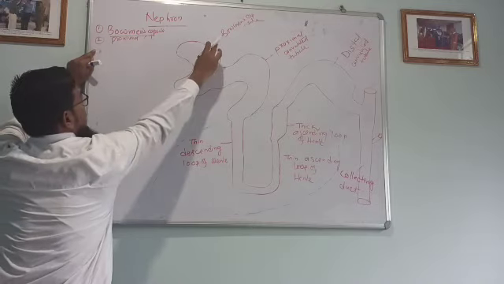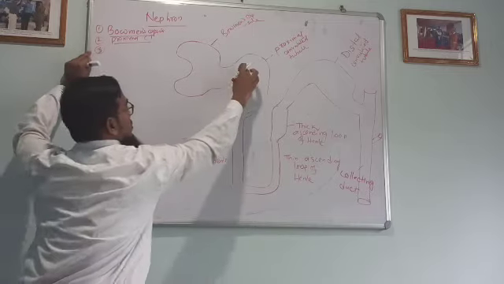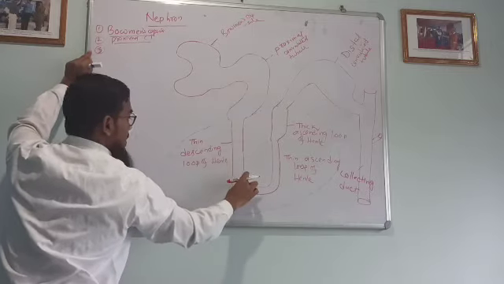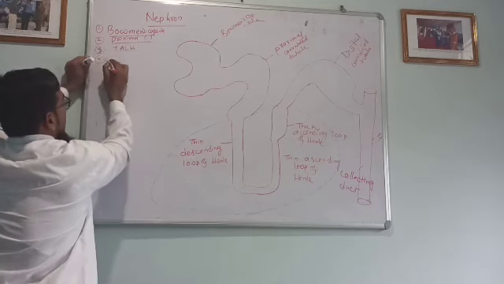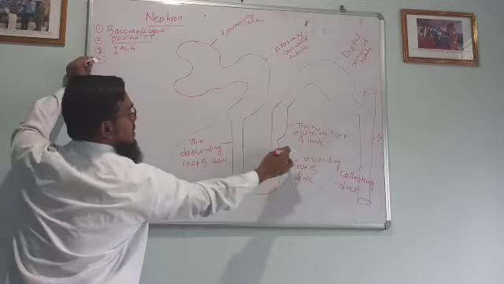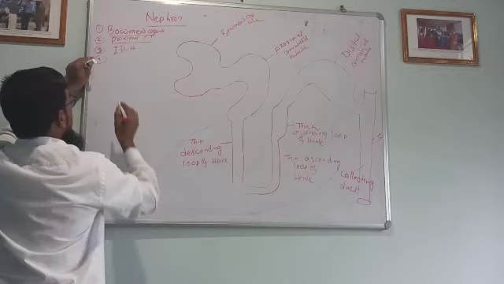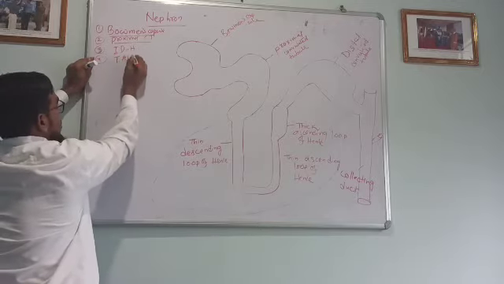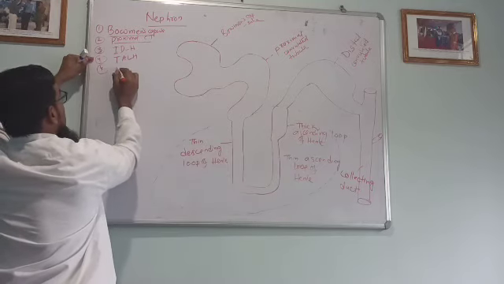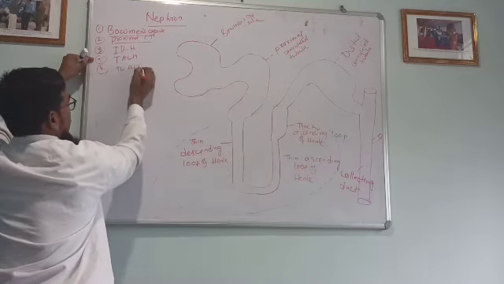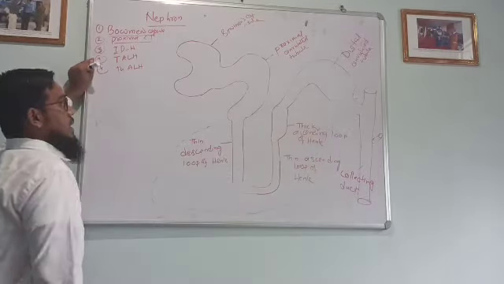So what are the parts of nephron? First is Bowman's capsule. Number 2, proximal convoluted tubule. Then thin descending loop of Henle, descending downwards, and thin ascending loop of Henle. Next is thick ascending loop of Henle, whose diameter is bigger. Then the distal convoluted tubule.